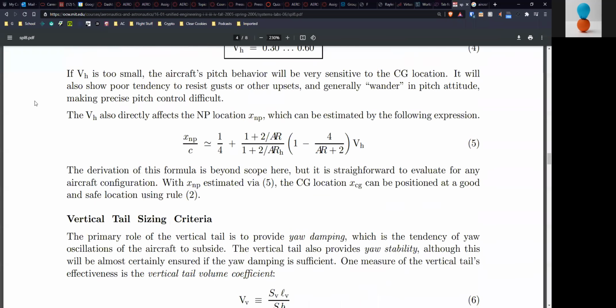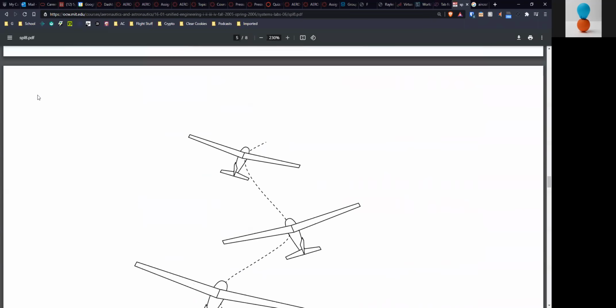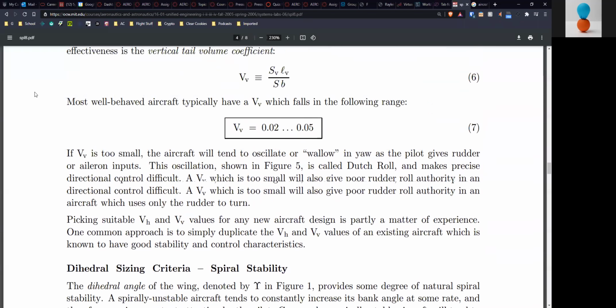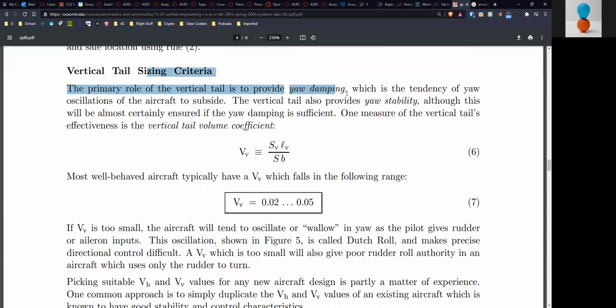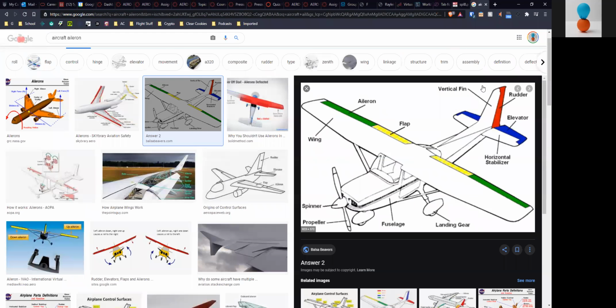And then the vertical tail works much the same, but I know we haven't really talked about vertical axis stability. Basically it explains it very simply here: if you didn't have a vertical tail, then when the plane's trying to fly forward, it could just start to spin around the vertical axis because there's not really any forces keeping the tail pointing backwards and the nose pointing forwards.